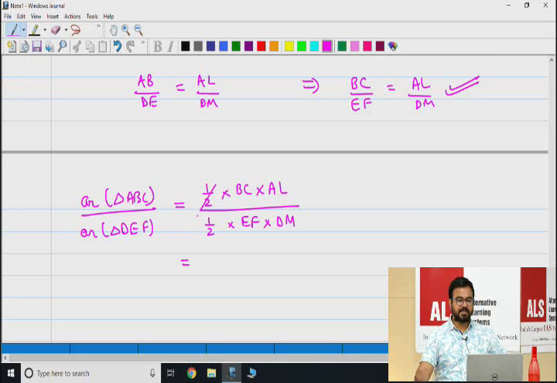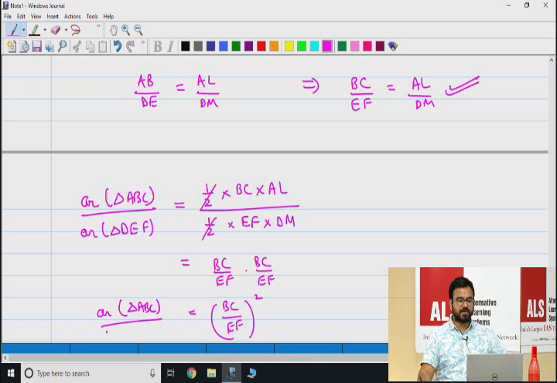Half and half will get cancelled out. So BC over EF, this AL over DM can be replaced by BC over EF again. So this will be equal to BC over EF whole square. And this is the thing which we have to prove. Ratio of area of two triangles is equal to the square of the ratio of corresponding sides.